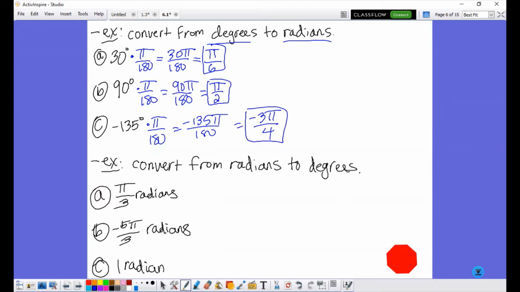All right, we can now go ahead and convert from radians to degrees. In order to do this, we're going to go backwards here. We are going to take our radian measures and multiply by 180 over pi.